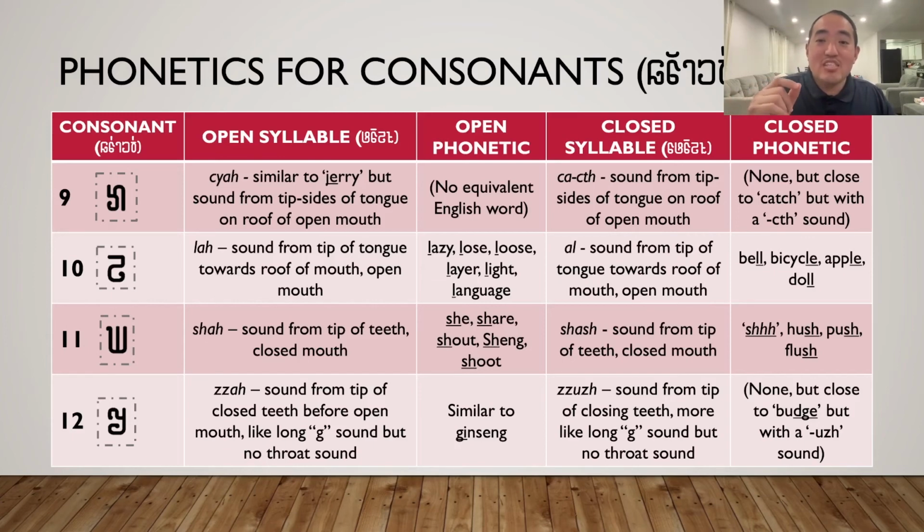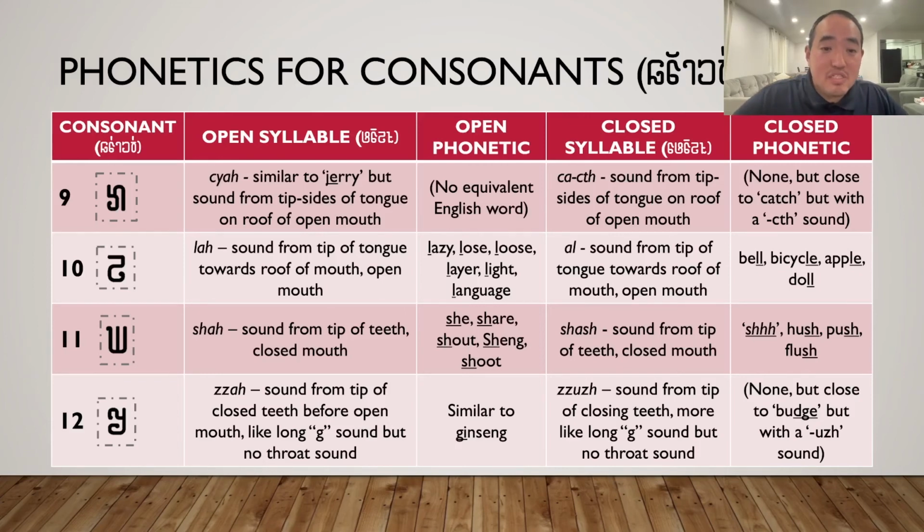So it won't be catch, it'll be catch, right? That's the closest example I could find, and that's how you'll pronounce the closed phonetic sound for the consonant ja, jat.